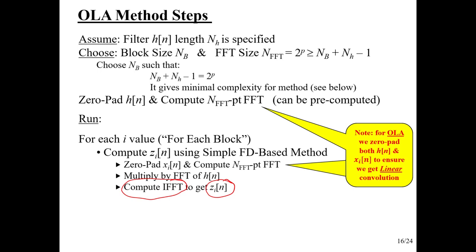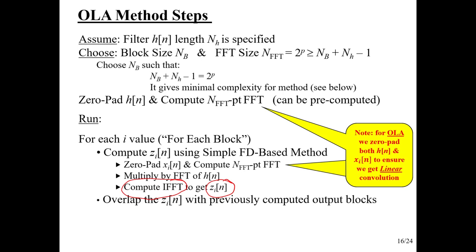Put it in the right position, and if it overlaps with some previous output samples, add those together and put them into the output buffer. Otherwise, just let it sit there until it interacts with the next block's output samples.